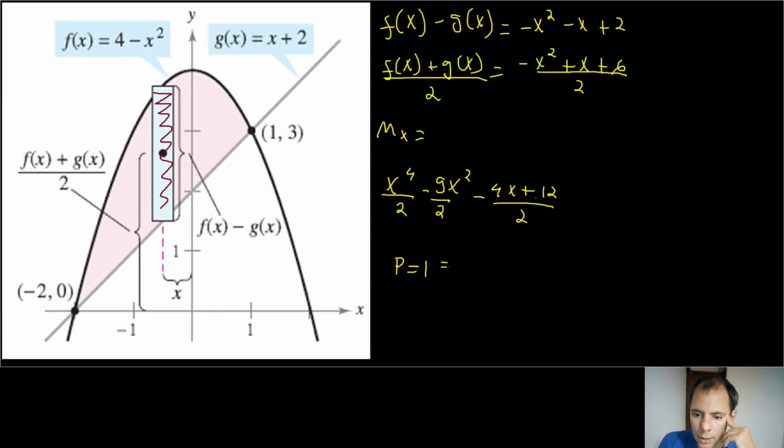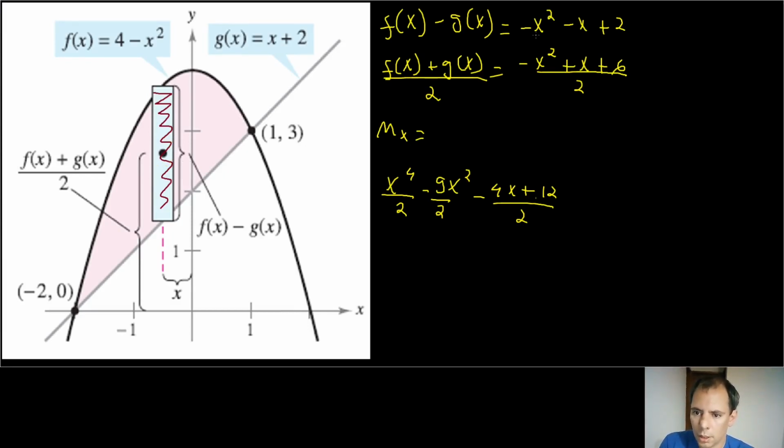This is going to be equal to mass divided by the area. Anyway, I'll take care of this later. The moment about x is just going to be this stuff times dx, which will give me the area, times this stuff, which will give me this point right here.